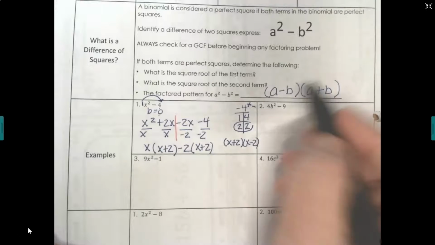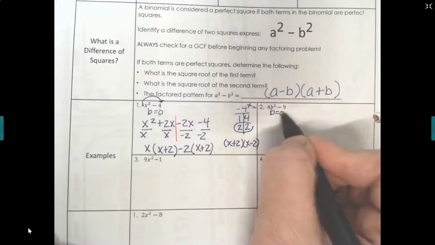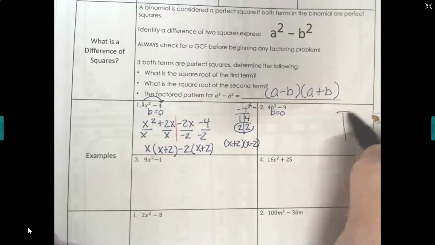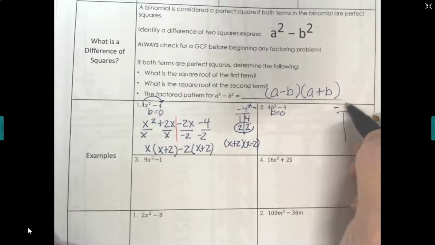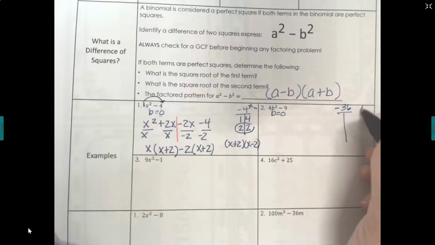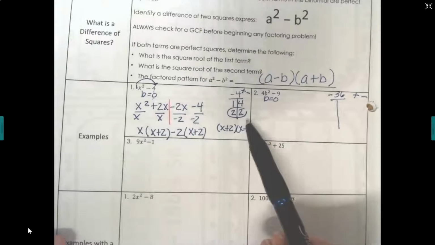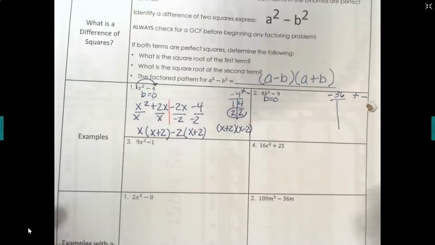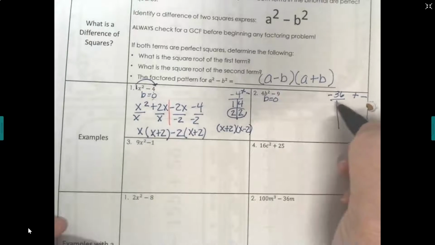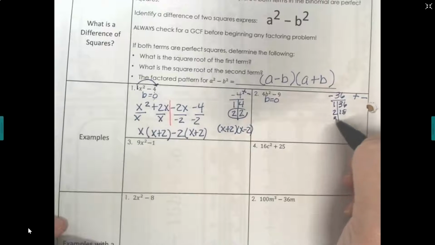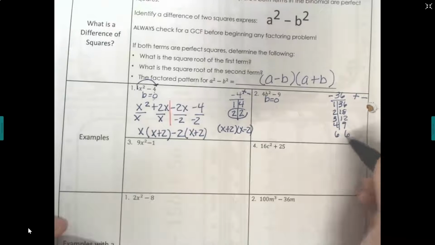There's no bx term, so that means your b is 0. When I multiply a times c, I get negative 36, which means my factor pair signs are positive and negative, which we knew they had to be to get these to cancel out in the center. For 36, we have 1 and 36, 2 and 18, 3 and 12, 4 and 9, and 6 and 6.